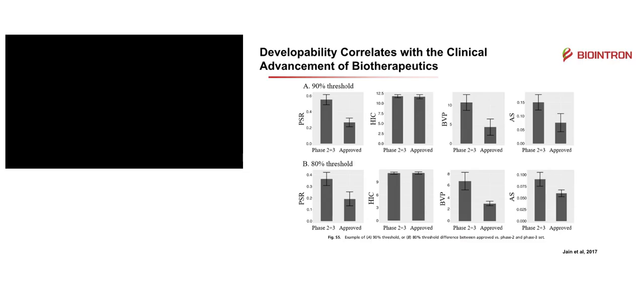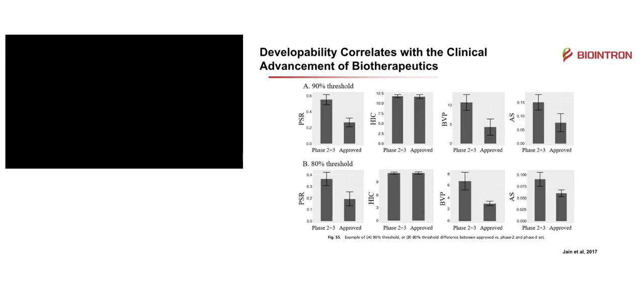And this is a publication by Adimab scientists, and they found that if you look at several different assays, PSR means polyspecificity reagent assay. The approved antibodies have a significantly lower PSR score.